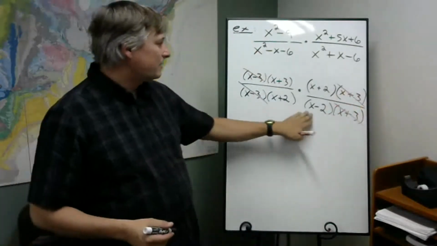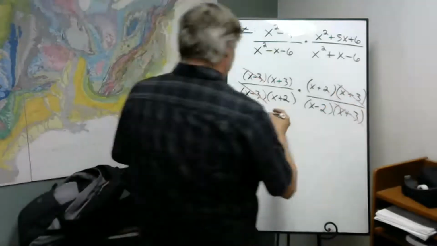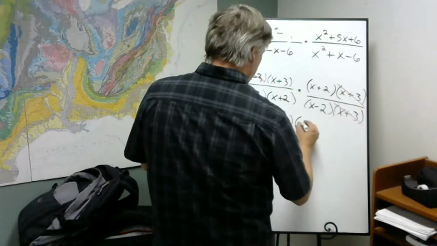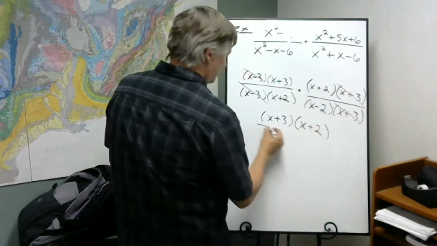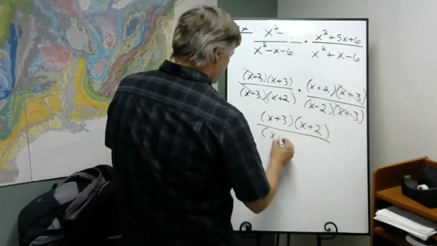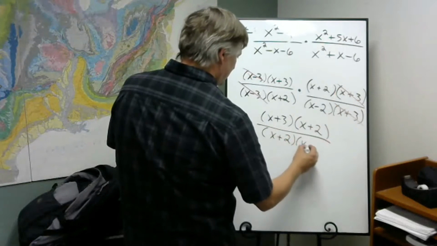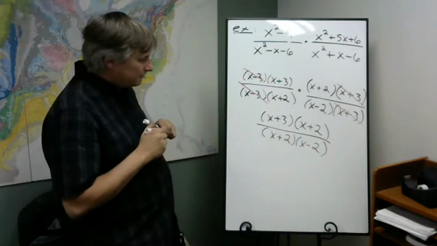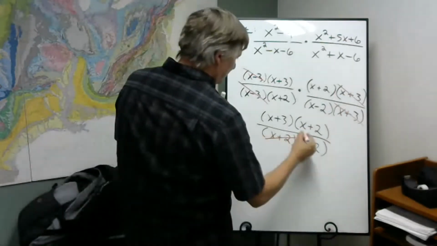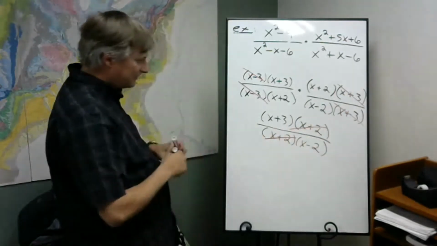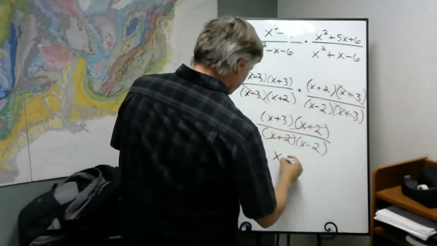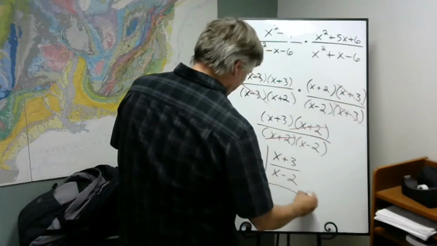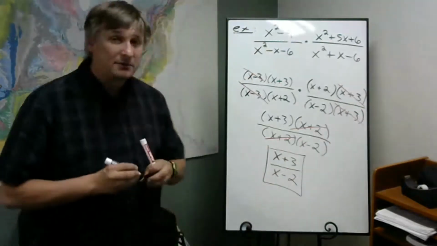So now we multiply together what's left. So this will become our new numerator. And down here, we have our denominator. And then look for anything that will cancel. So that'll go, that'll go. And that's going to be your answer.